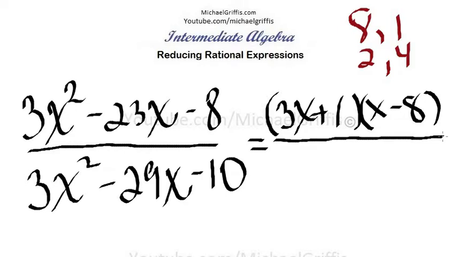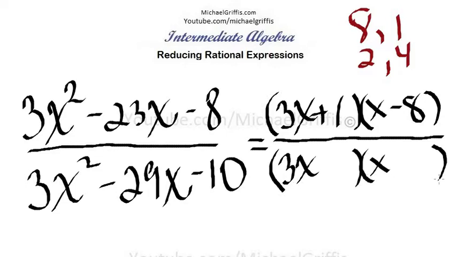Now let's look at the denominator. We know this is going to be 3x. x there. Okay, so 10. Let's see, how can we factor 10? 1 and 10. And 2 and 5. Okay.